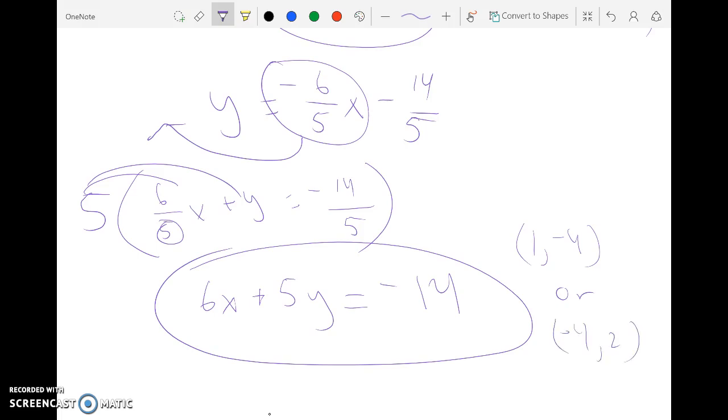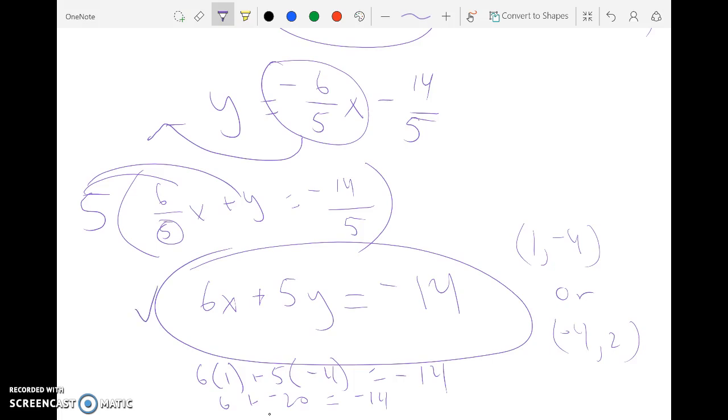Once you get your standard form, you should be able to put in 6 times 1, 1 is x, plus 5 times negative 4, and you should get negative 14. In this case, you do. Both sides equals negative 14.